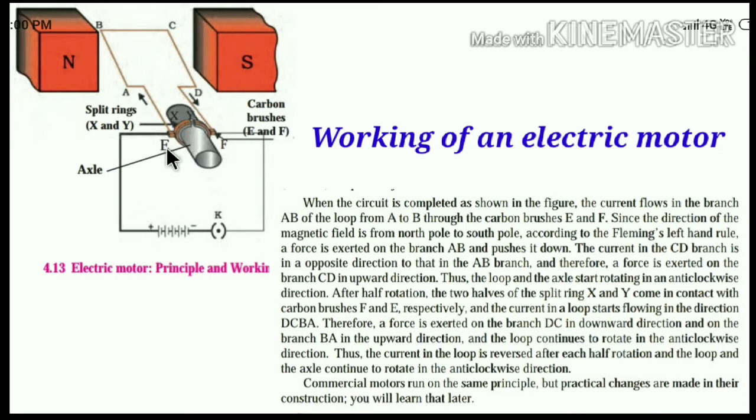joined to the copper wire and the circuit is completed, the current flows in branch AB of the loop from A to B through the carbon brushes E and F. So current flows through this loop from A to B. Since the direction of magnetic field is from North Pole to South Pole, these are strong magnets.